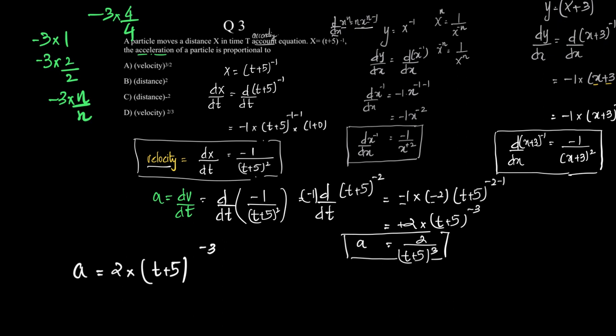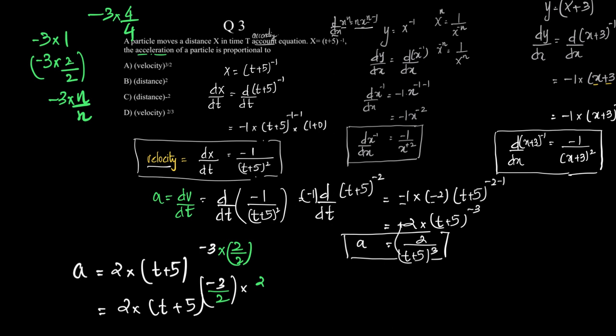Now here I'll take minus 3 as minus 3 into 2 by 2. Why? I'll tell you now. So I've taken minus 3 into 2 by 2. Now I'll write this further as 2 into (t plus 5) the whole raised to minus 3 by 2 into 2. Just a basic change of fraction.